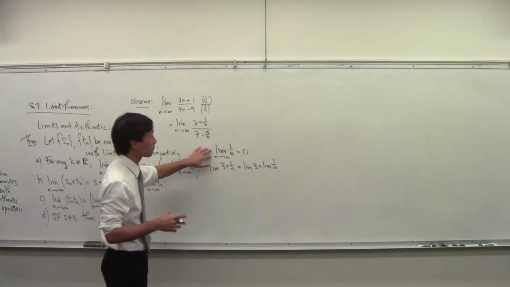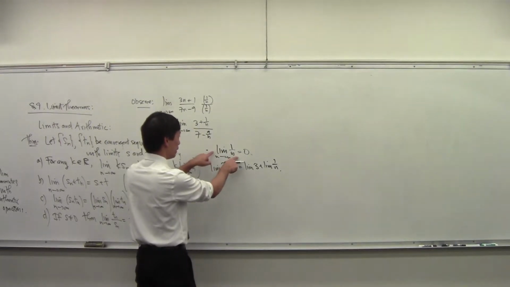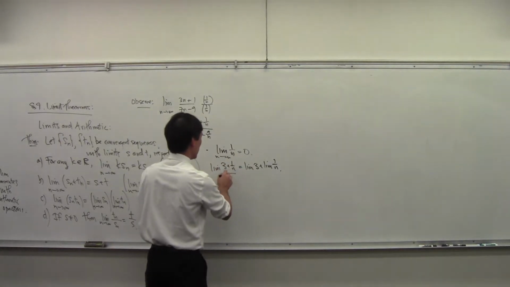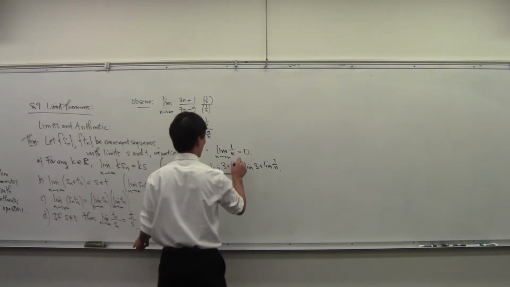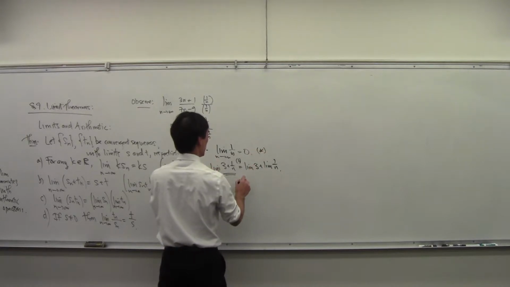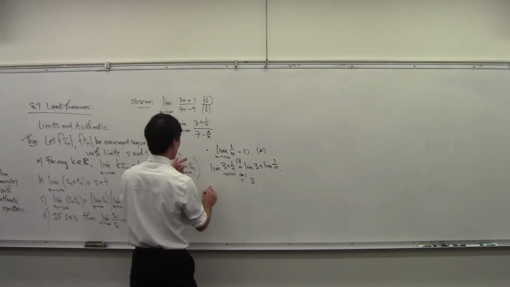You'd have to show this, and then you would say, I know that the limit of a sum is the sum of the limits by property B. And then this is equal to just 3 by star. And then you do something similar for the bottom.